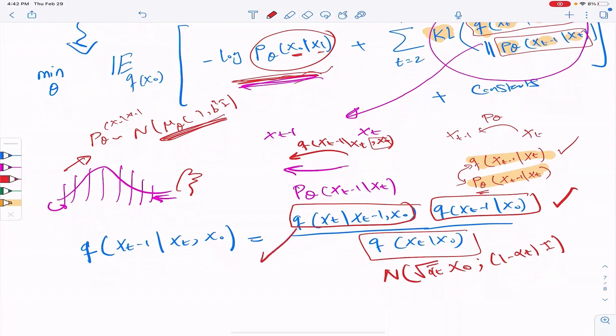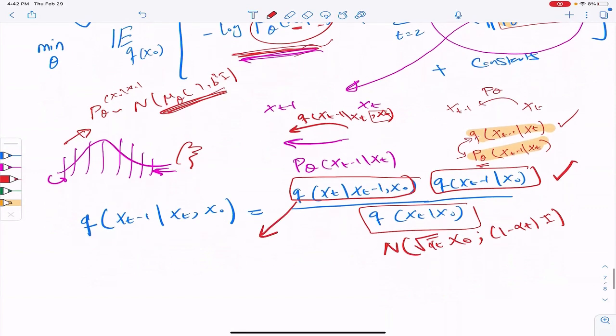It's another Gaussian distribution with different mean and different covariance. So if you write this down, you get a Gaussian distribution with some mean and covariance.